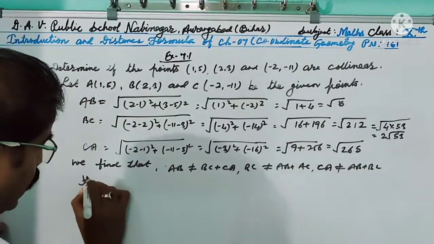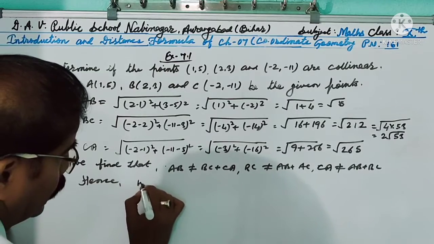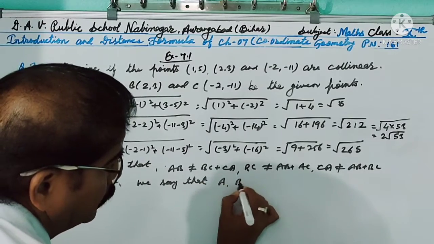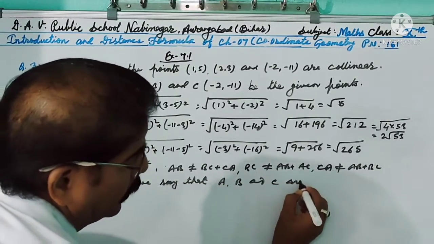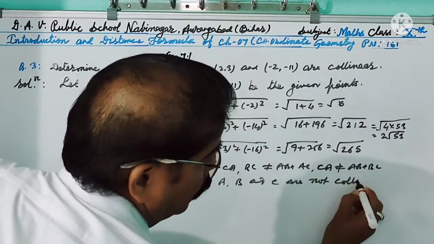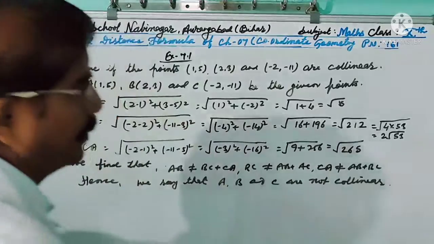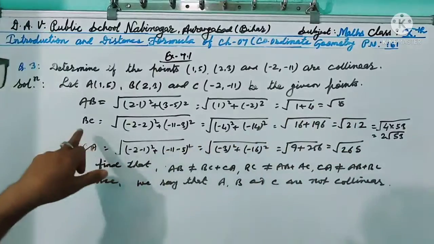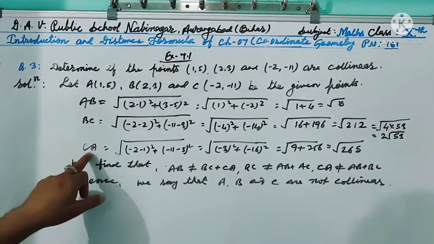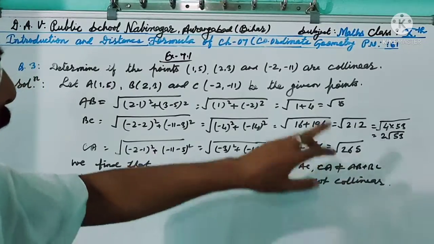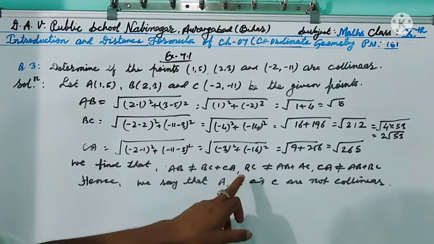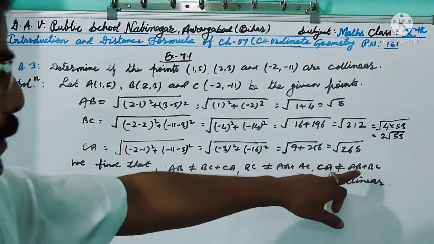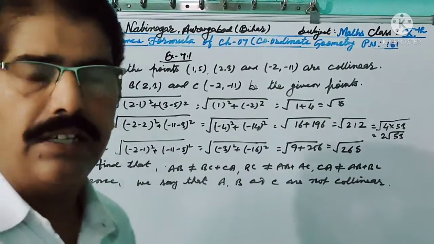Hence, we say that A, B and C are not collinear. First we found the given 3 points' distances by distance formula: AB equals root 5, BC equals 2 root 53 and CA equals root 265. We observe that none of them equals the sum of the other two. So we say that A, B, C are not collinear.